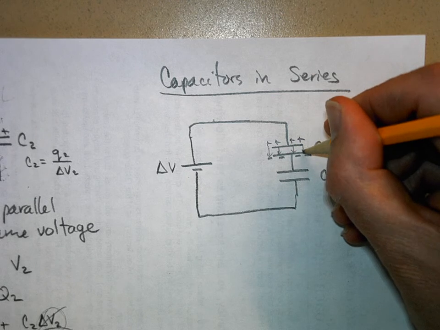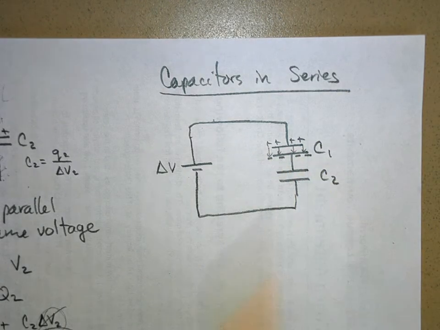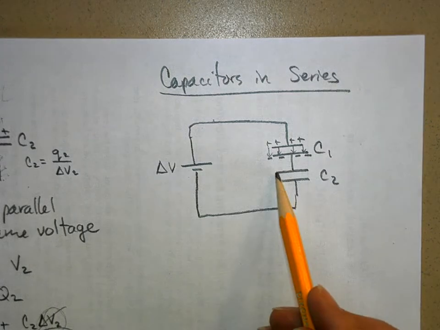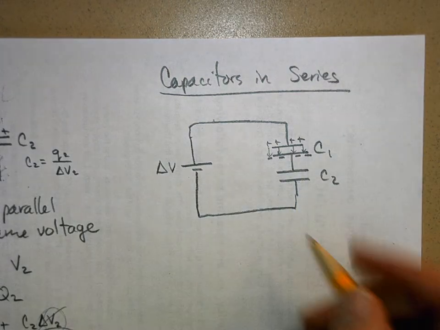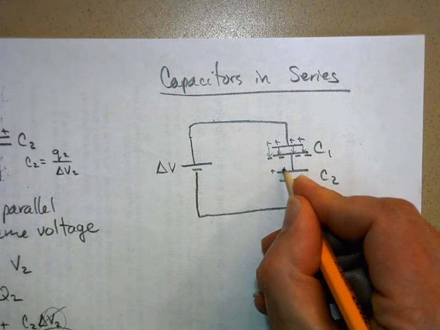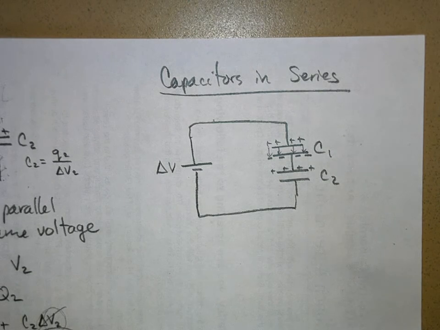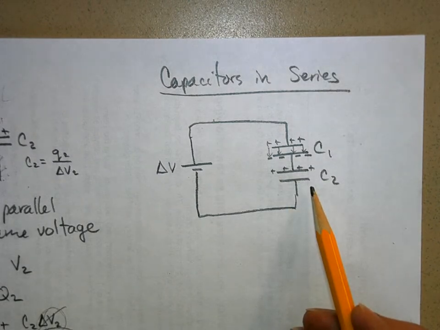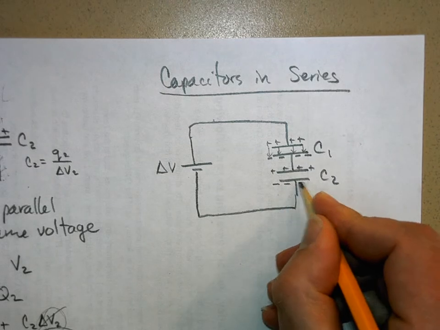Well, where do these negative charges come from? You had to steal them from the other plate. Let's say the wires are insignificant here. So you had to steal positive charge from these plates, an equal amount. Well, what does that do to this plate? You put a negative charge on here. Okay?